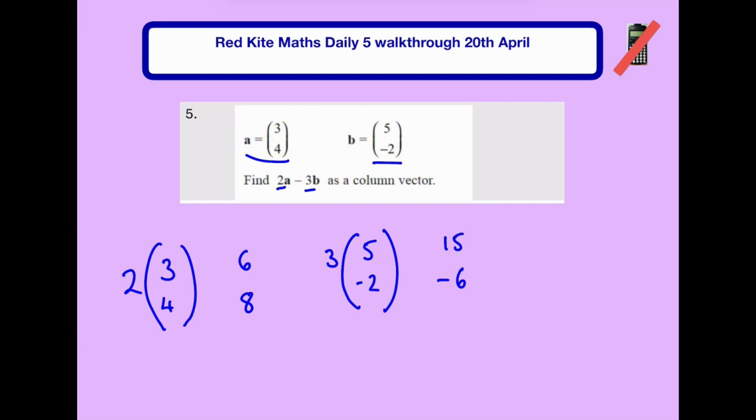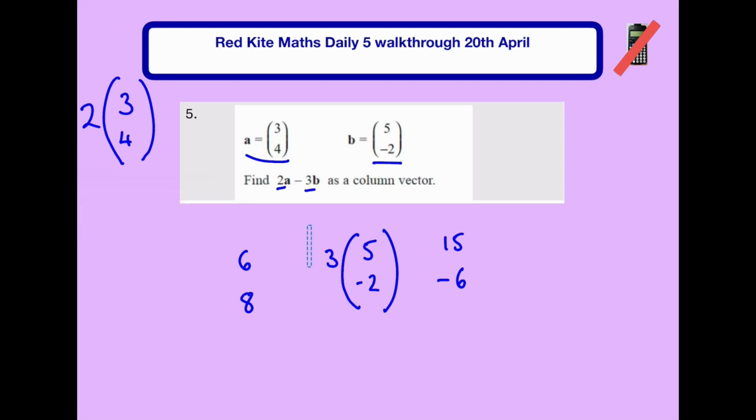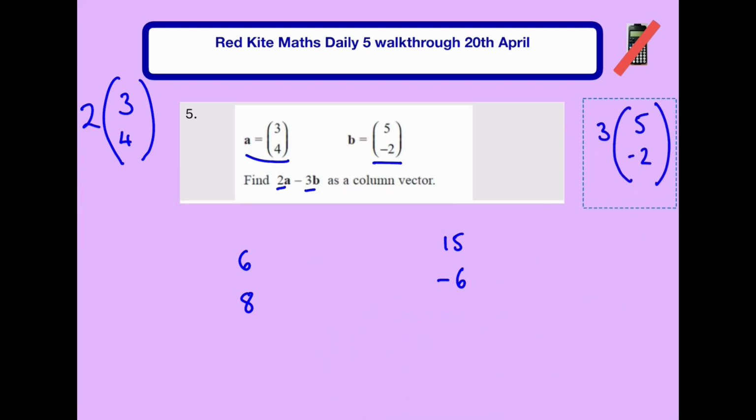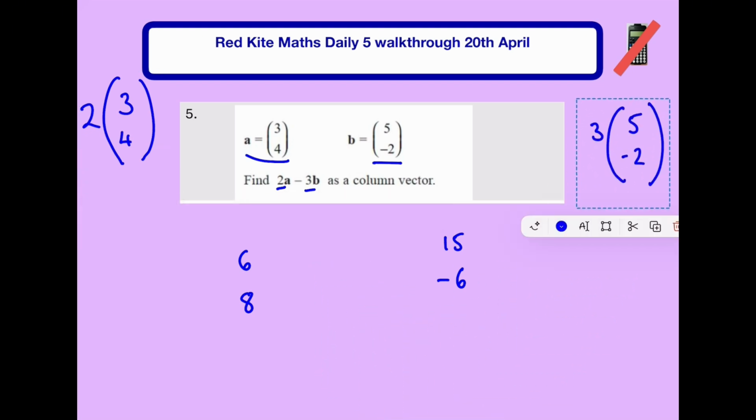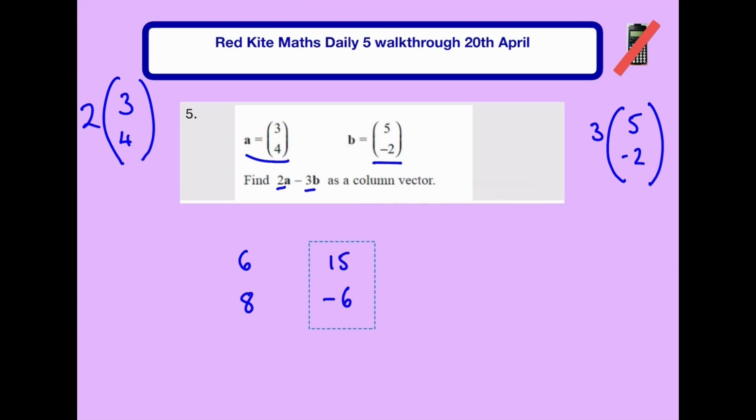Now, I'm just going to move some things out of the way, because I've finished with those. So I've got my answers to these column vectors. Now what I have to do is subtract 6 minus 15. So I'm on 6 and I go back 15.